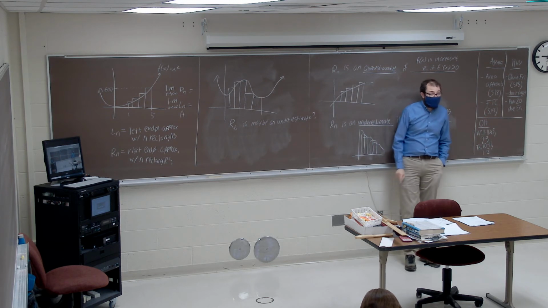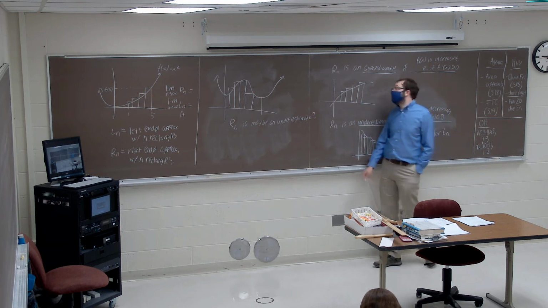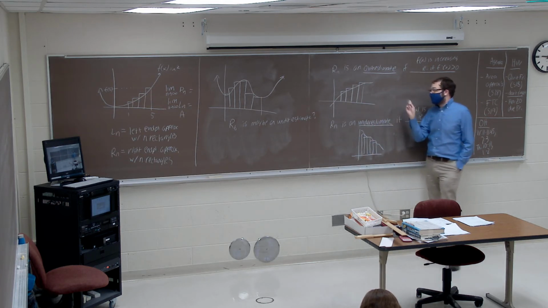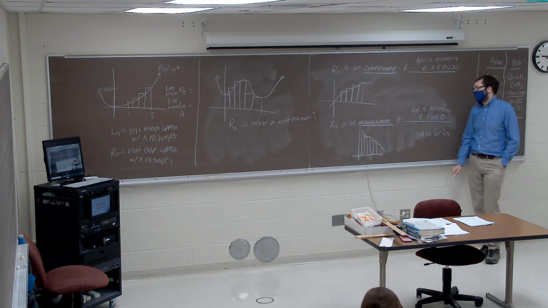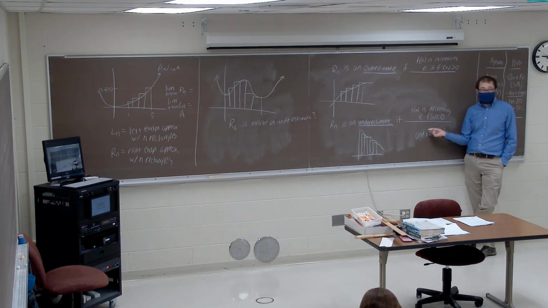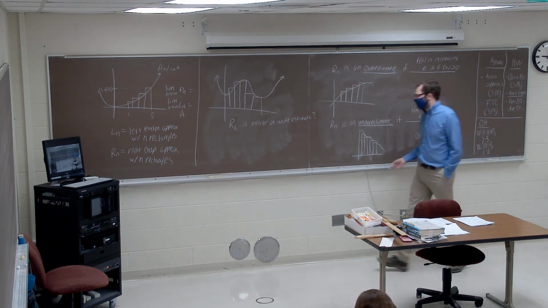In general, if you have a function that's sometimes increasing, sometimes decreasing though, it's generally pretty hard to say. So if your function's always increasing, then you know R sub n is an overestimate. If your function's always decreasing, over the interval that you're looking at at least, you know R sub n is going to be an underestimate.